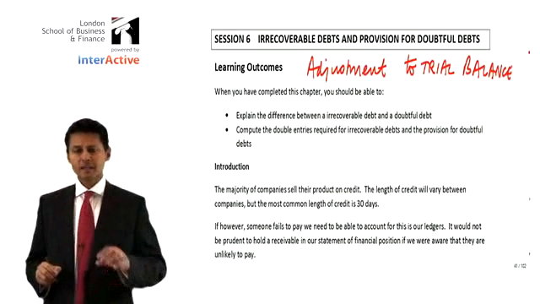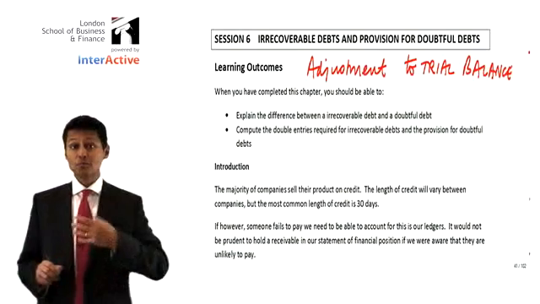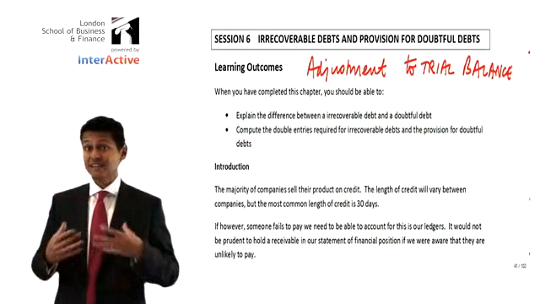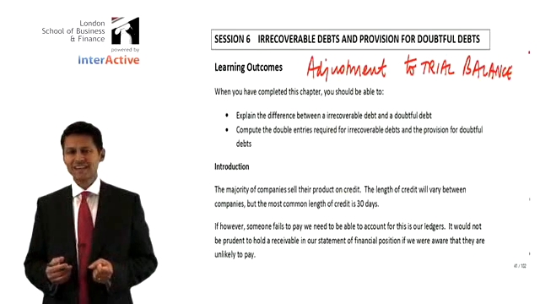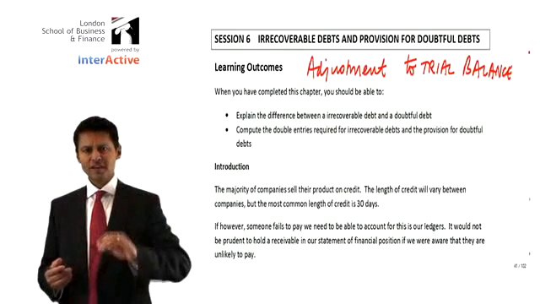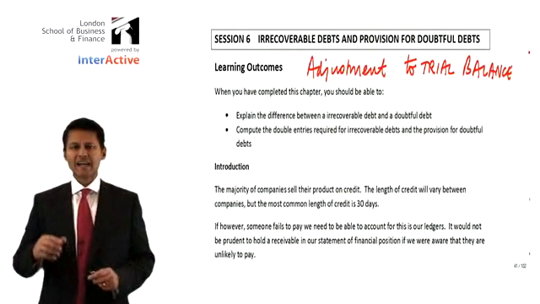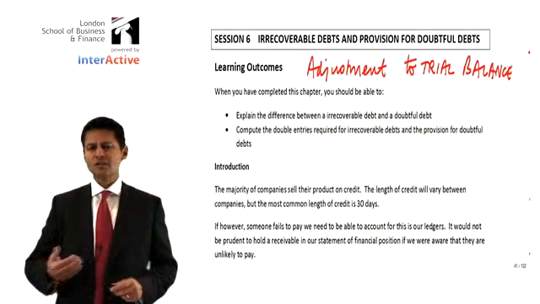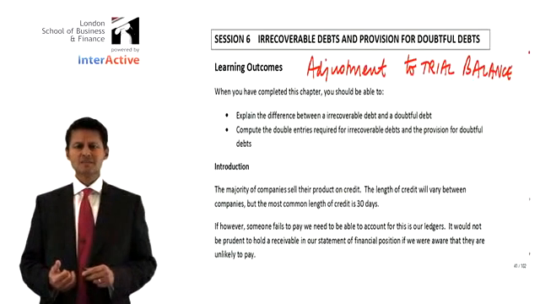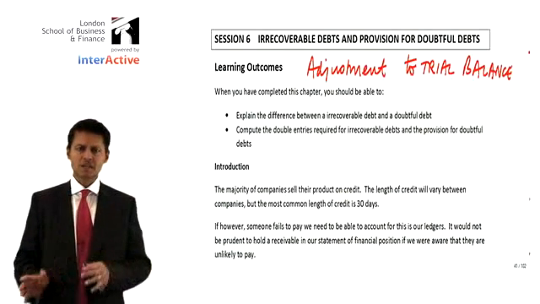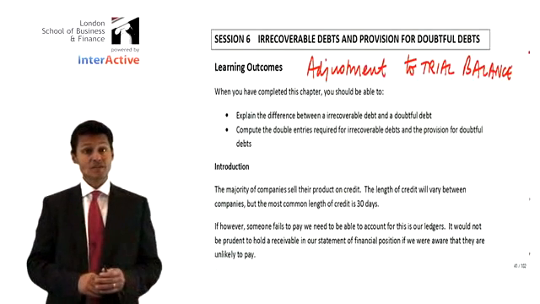Clearly, where you have these 2-mark objective test, multiple choice type questions in the computer-based exam, 2 marks is perfect material for the examiner to say to us, can you work out what the charge to the income statement this year is, given that you have a provision at the end of this year compared to the provision at the end of the previous year.